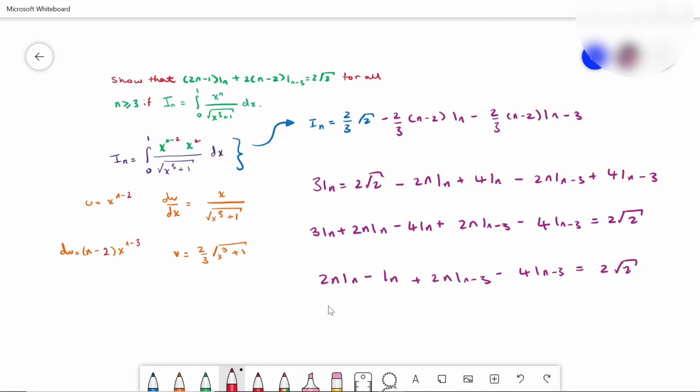So now we just have to factorize I sub n and I sub n minus 3. So we're going to get 2 I sub n times 2n minus 1 plus, I'm going to factorize a 2 out as well, because there's a 2 factorized here as well. So 2 I sub n minus 3 lots of n minus 2 equals 2 square root 2.